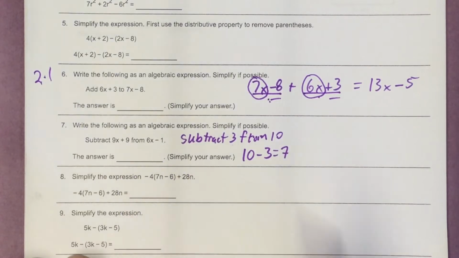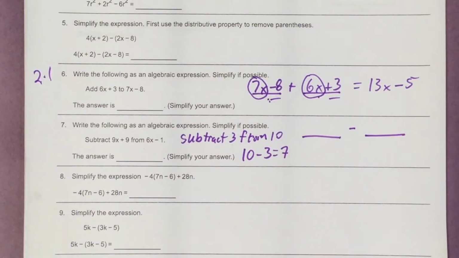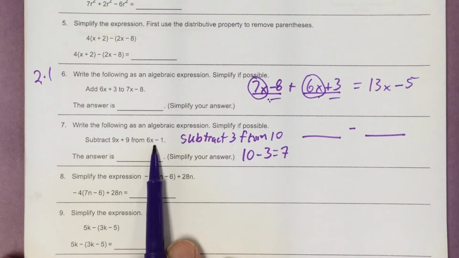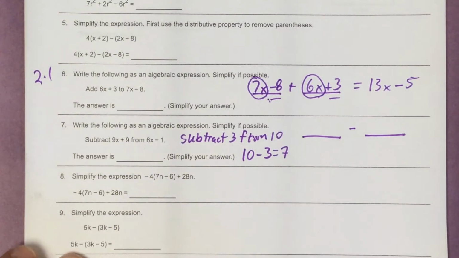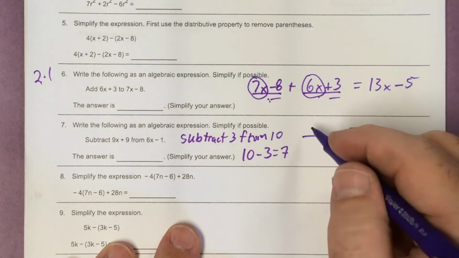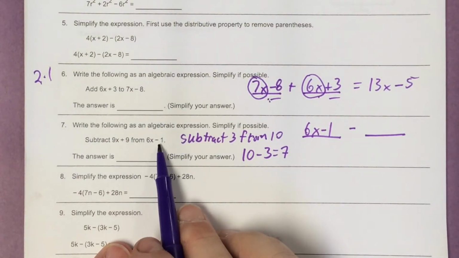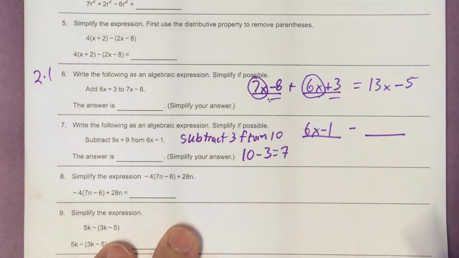So if I'm given this statement here, I know there's going to be subtraction. So I'm going to create space to put the things in there in order to carry out the operation. So if I'm subtracting 9x plus 9 from 6x minus 1, what's going to happen is the following. Since I'm subtracting this from 6x minus 1, like from this, I'm going to subtract this. Okay?